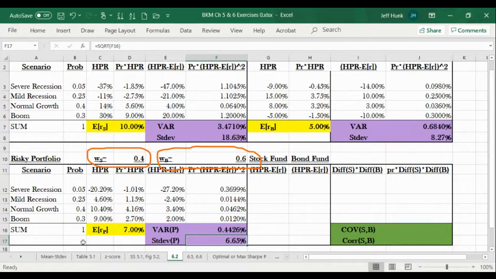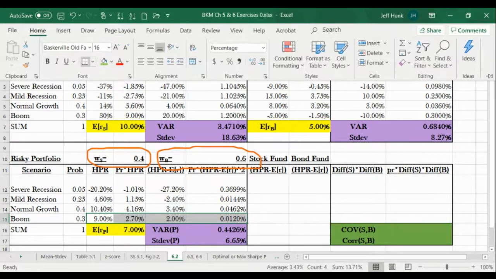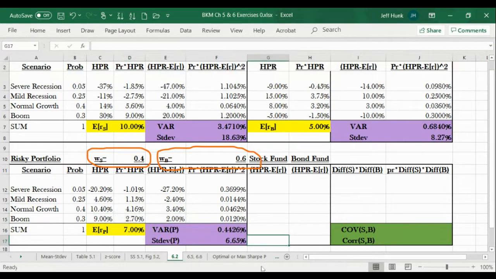Now I have found the expected return on our risky portfolio and the standard deviation of our portfolio. Now you can tell already the standard deviation has gone down.